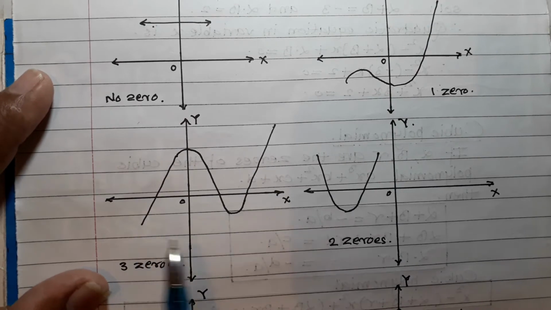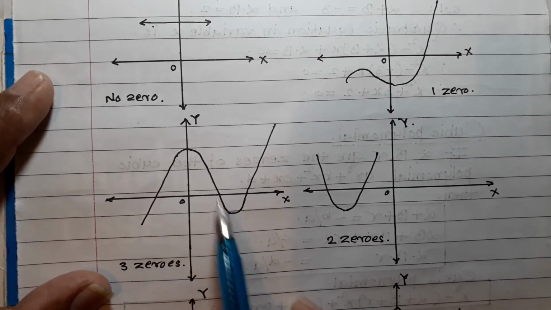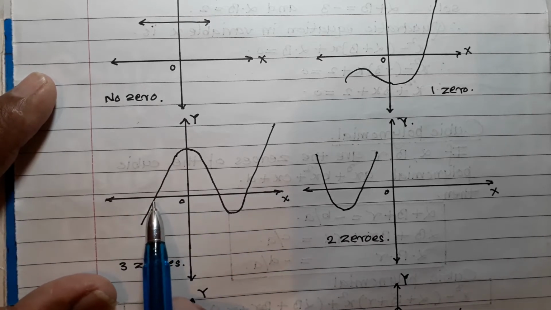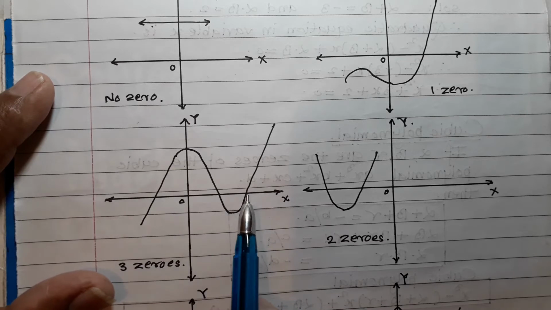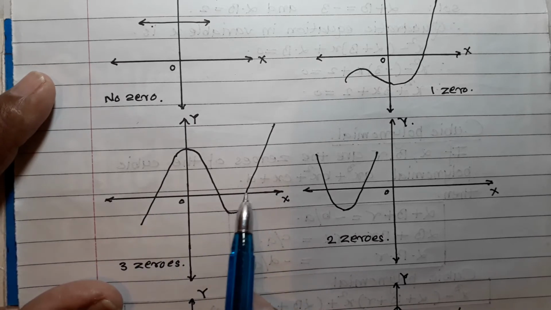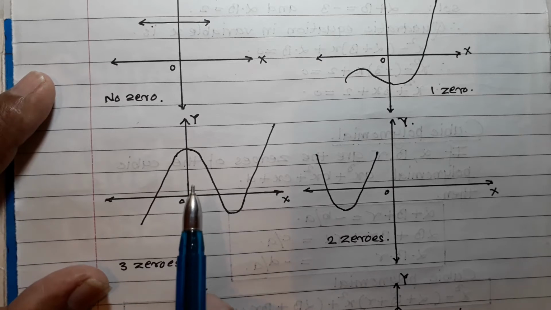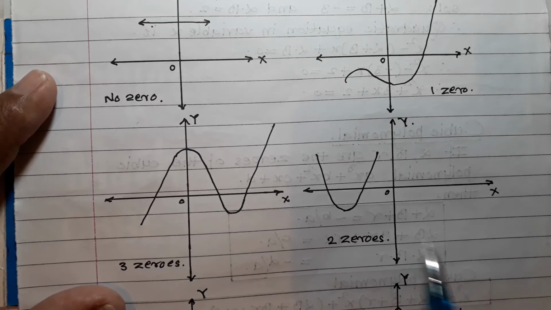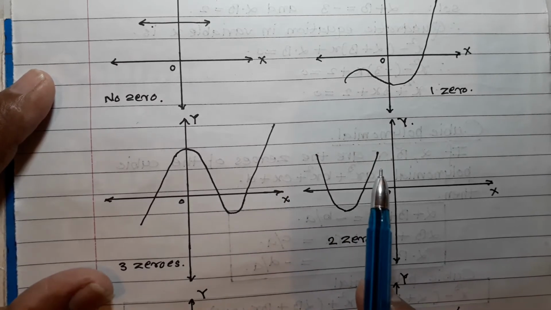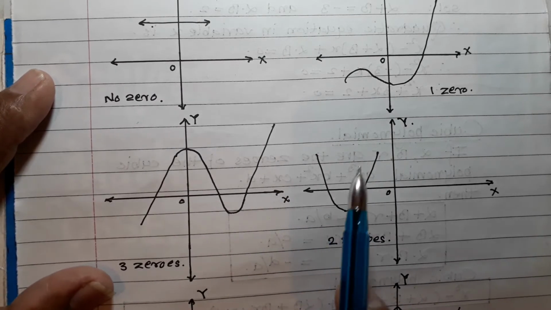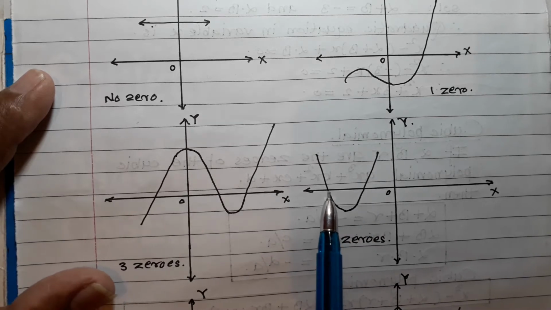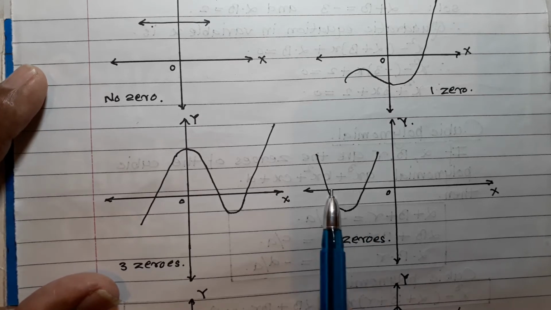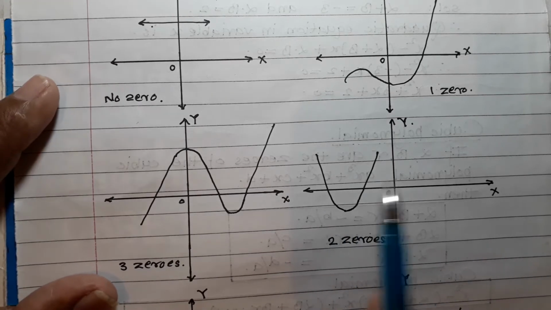Then in the third figure, this curve intersects the x-axis at this point, this point, and this point. That means there are 3 points, and therefore for this graph there are 3 zeros. Now in this case, this is a parabola opening upward, so it intersects the x-axis at 2 points, and therefore there are 2 zeros.